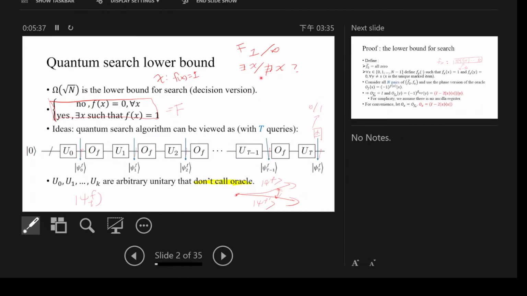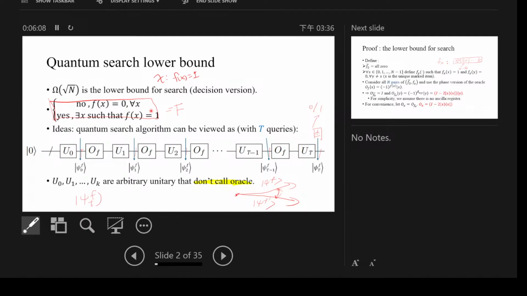Does there exist an x or not? If f(x) = 0 for all x, then we say it's no. If there is some x such that f(x) = 1, then it's yes. So the input is this small f, and the output is something we can call big F.